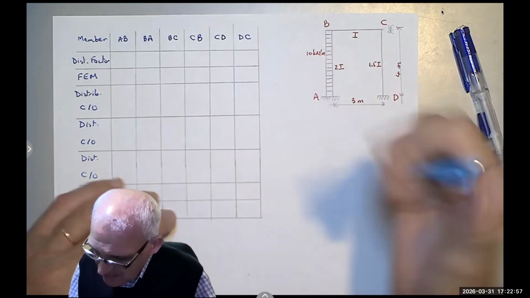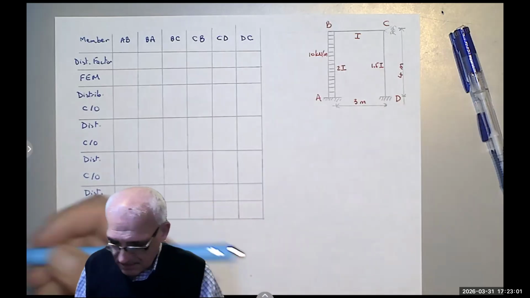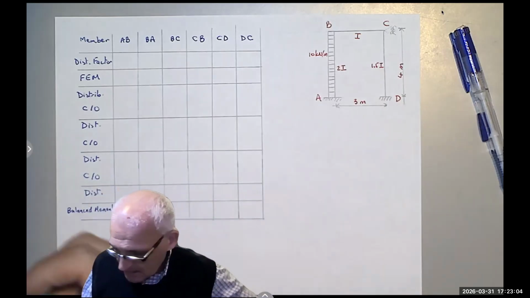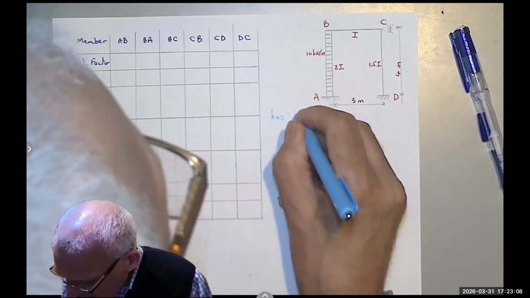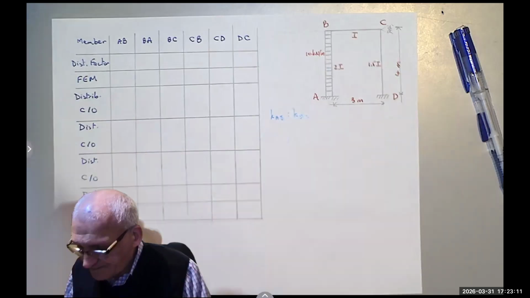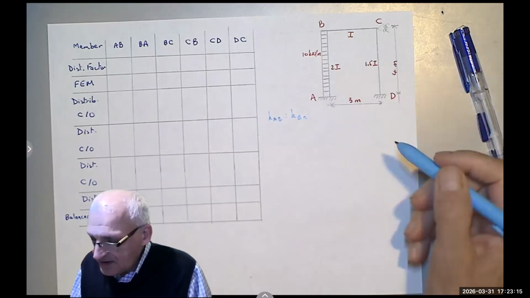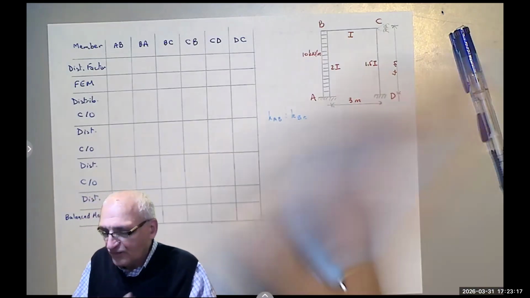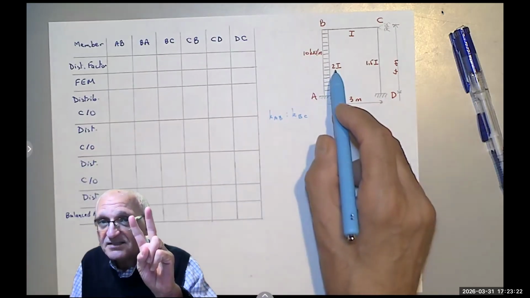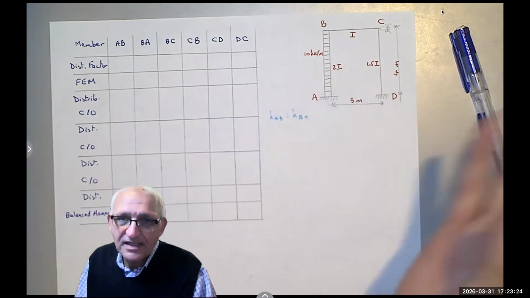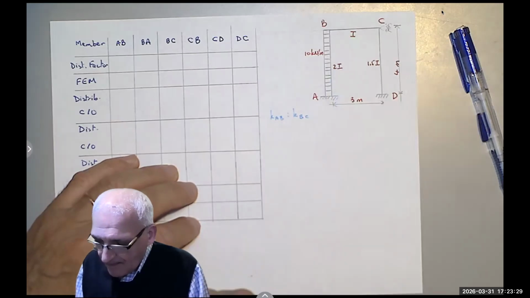So K_AB as opposed to K_BC. It is 4EI over L, and L is 4, so the 4 over 4 cancel, but I don't have EI, I have 2 I's, 2EI. If E is constant, I can ignore it. And as I said, this is 2 to 1.